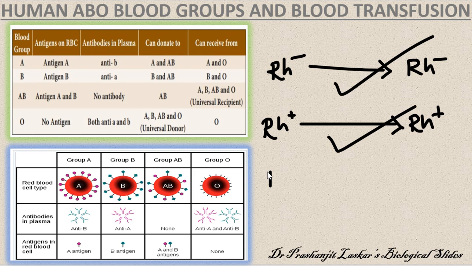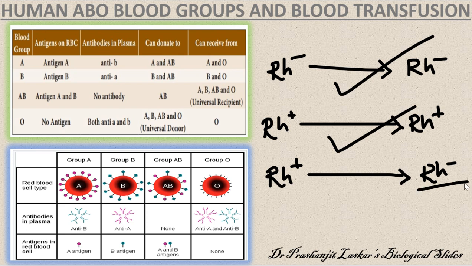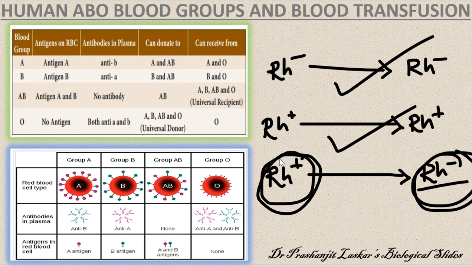When Rh positive blood is given to an Rh negative person, anti-Rh antibodies develop in the blood of the recipient. That is the recipient, this is the donor.